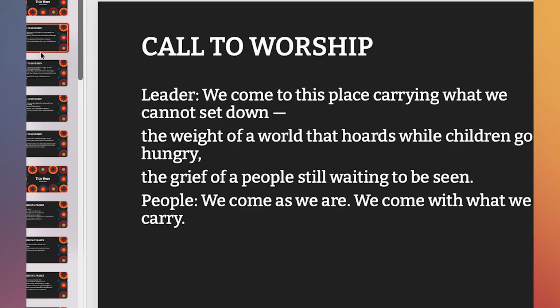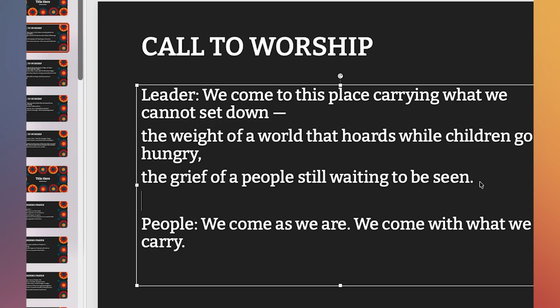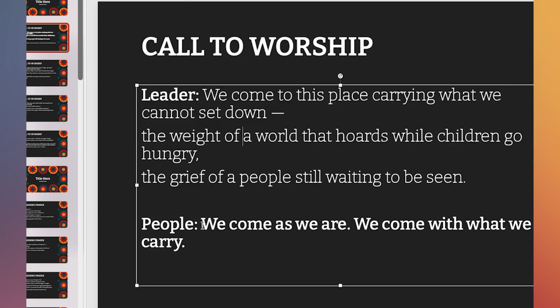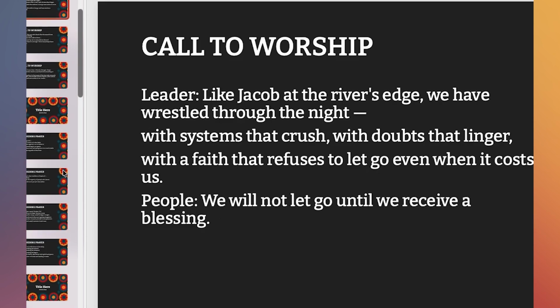So it's pulled my liturgy in. Now I can come in here and I can make any final edits. Maybe I want to come here and change the bolding. So the idea is that Lumen is going to do a lot of the work for you, but then you can come in and finish it up, add anything in that you need to.